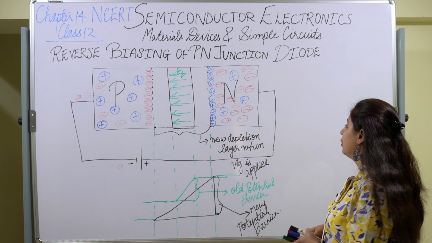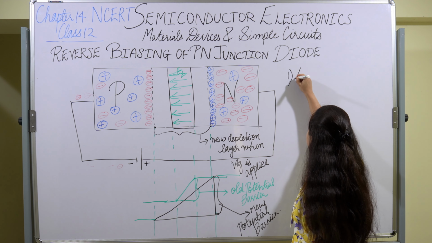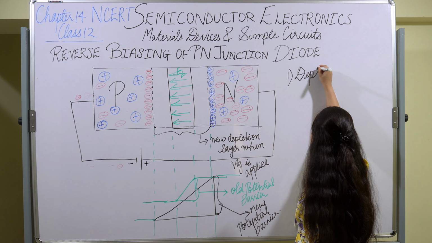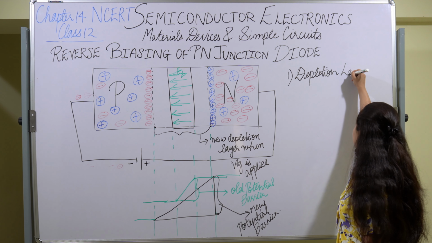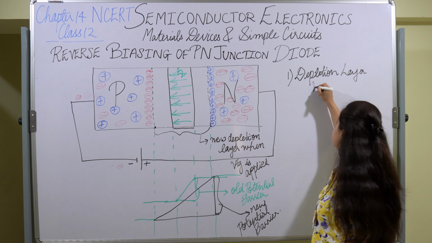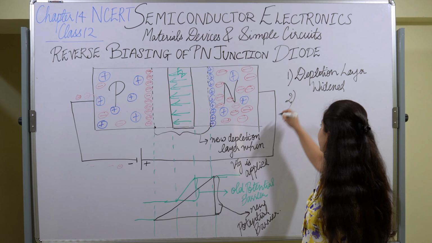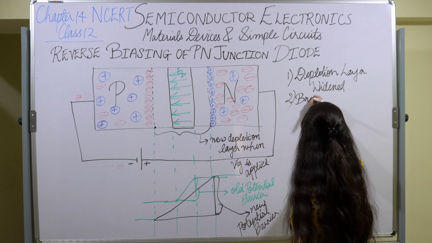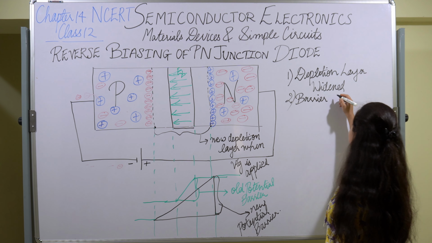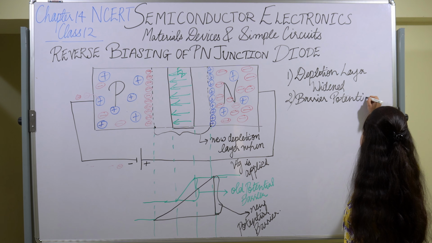Okay, so let us jot down the points. The first point is that the depletion layer widened. Second point, barrier potential increased.